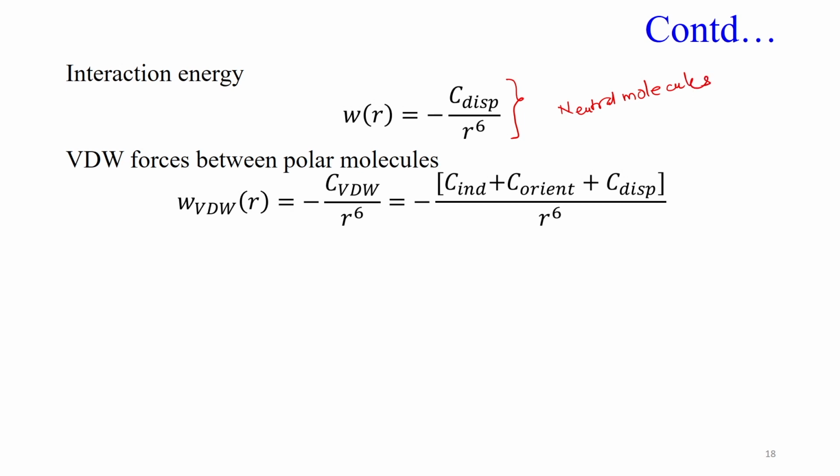Now, for the van der Waals force between polar molecules, there are three different kinds of interaction: induction, orientation and dispersion. So the constant term will be the sum of C induction, C orientation and C dispersion, divided by the intermolecular distance r to the power 6. This way we calculate the van der Waals dispersion force.